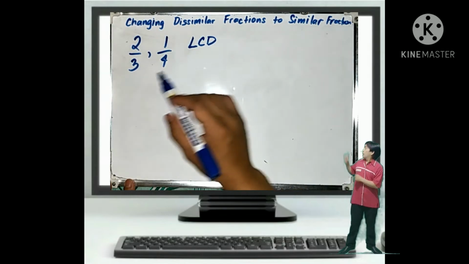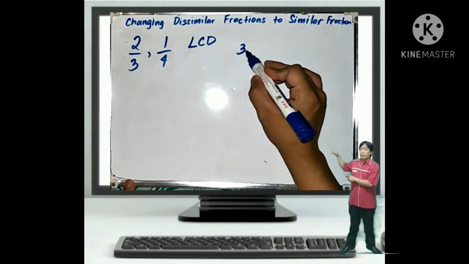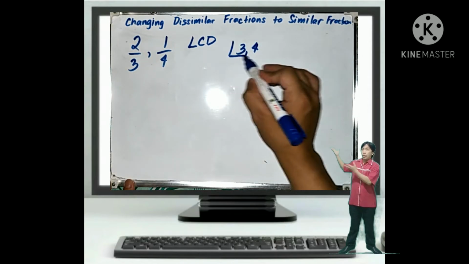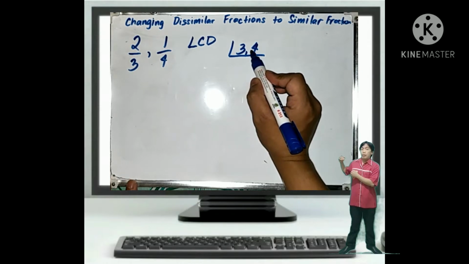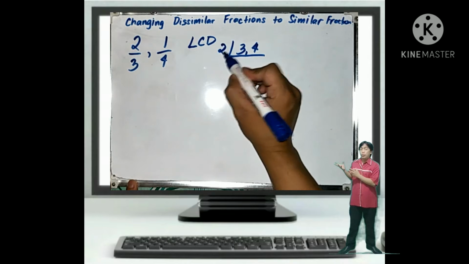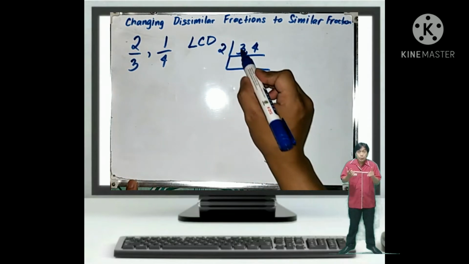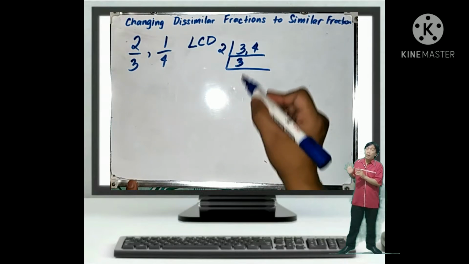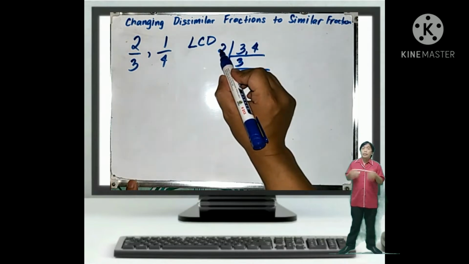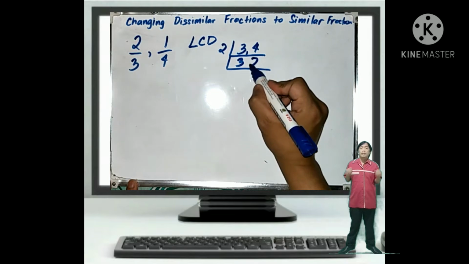Now, how to get the LCD? First, let's get the denominators. Okay, we will be dividing this by a number which is a prime number. So let us think of 2. Since 3 cannot be divided by 2, we will just copy still 3. Now, 4 divided by 2, the answer is 2.